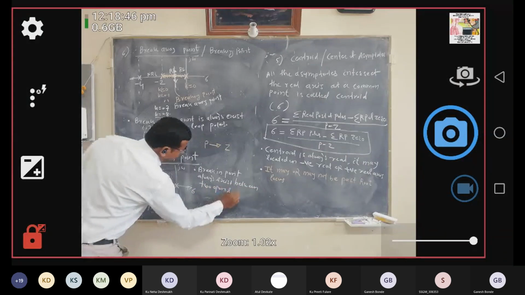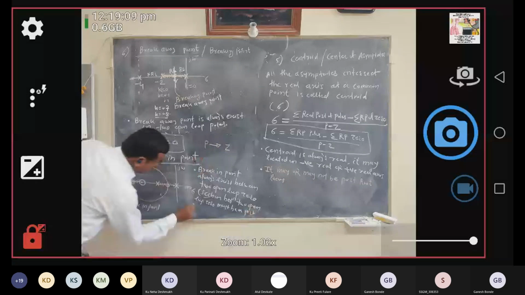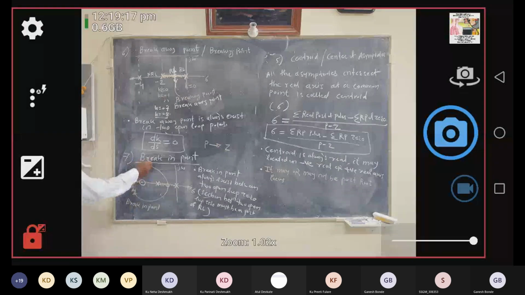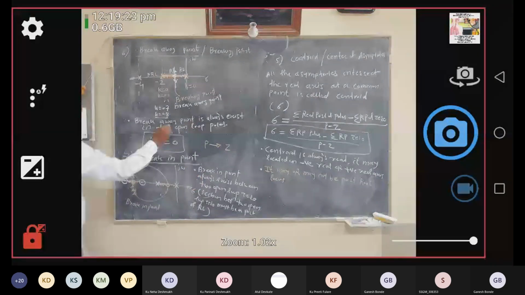The section between two open loop zeros must be a part of the root locus. Then and only then can the break in point exist. So remember, the break in point is related with the open loop zeros and the breakaway point is related with the open loop poles.